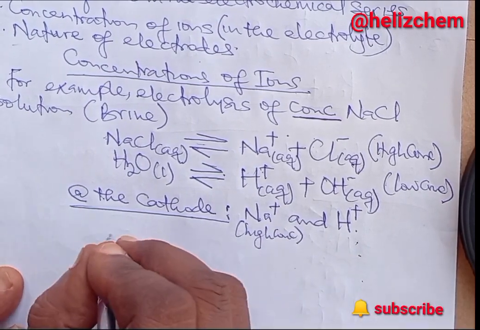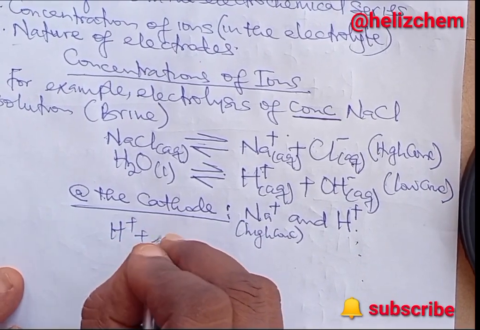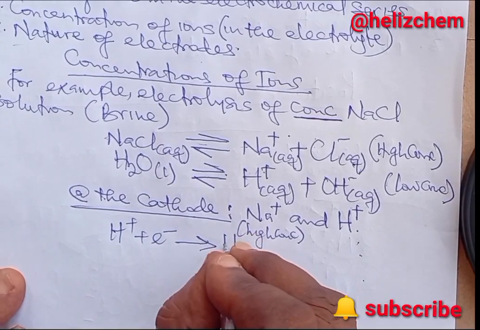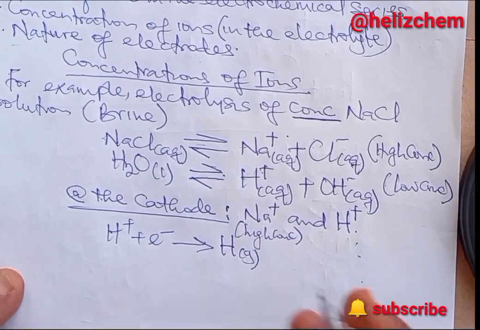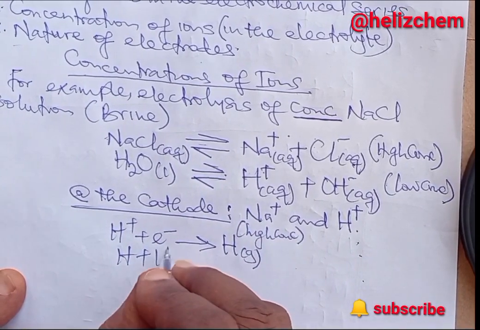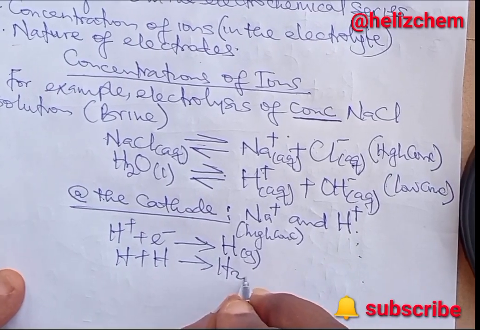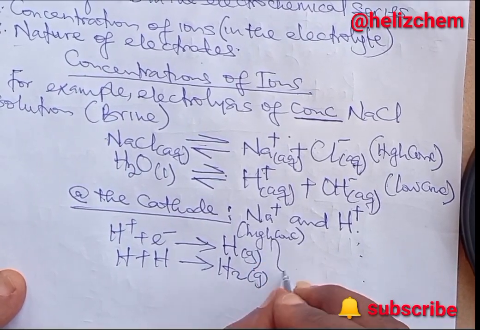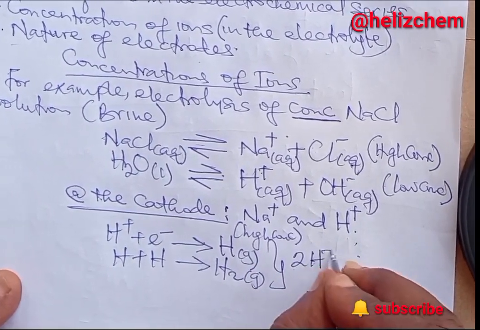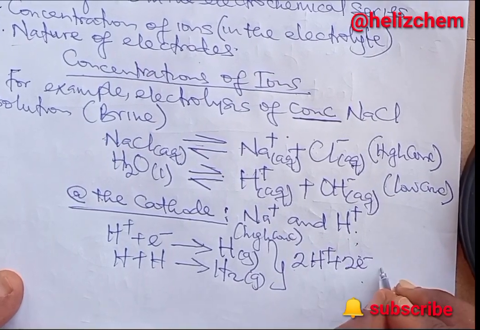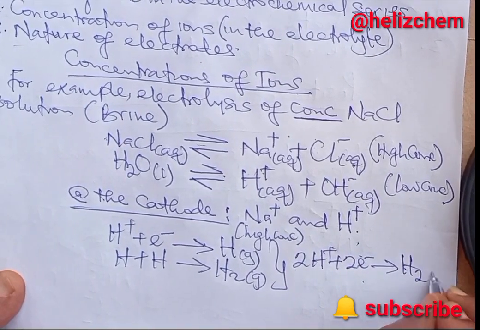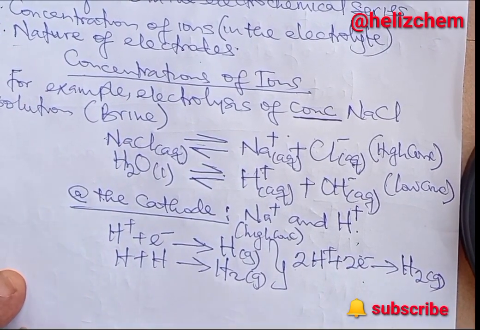So here now, hydrogen ions will be discharged to give hydrogen gas. Hydrogen will combine again to give H2 gas. In essence, we are saying that we have 2H+ + 2e- to give H2 gas.